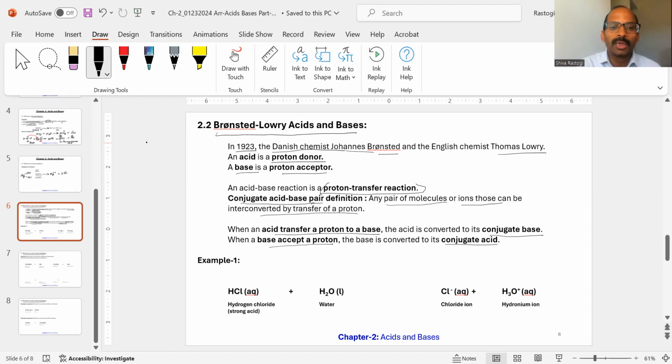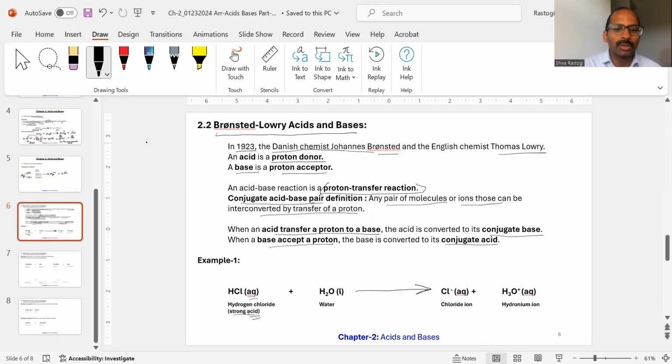For example, HCl, hydrogen chloride. This is a strong acid we have seen in part 1, which, when it dissolves in aqueous solution, AQ meaning water, dissociates 100%. So this arrow shows 100% dissociation into chloride ion and hydronium. Here you can see HCl is an acid.